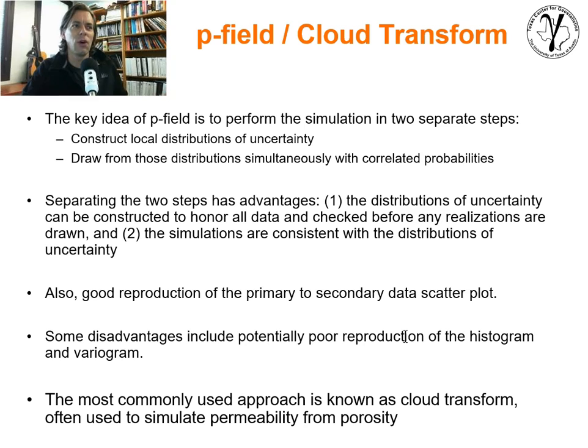You'll see this methodology in doing all of this may actually change the variogram. The variogram may not be completely correct and so forth, and I'll show you that. The most common approach within this PField family of approaches is known as cloud transform, which is commonly used in workflows in industry for simulating permeability conditional to porosity.